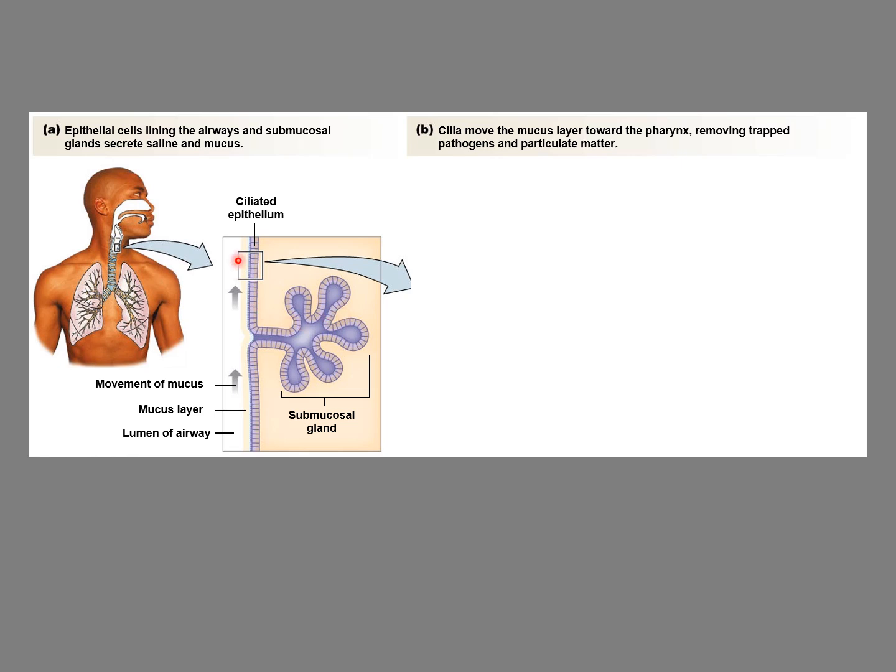And certainly we move water to the surface as well, because we're not only trapping and filtering, but we're also conditioning, moisturizing. So we have these glands that will add material to the surface of the airways in order to trap any particulate or pathogenic matter on the way to the alveoli.